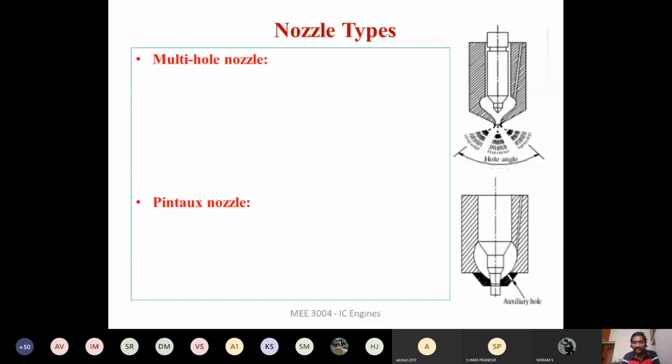Thereby, the subsequent amount of fuel being supplied will undergo combustion properly because of the increase in pressure inside the engine cylinder due to the pilot injection.